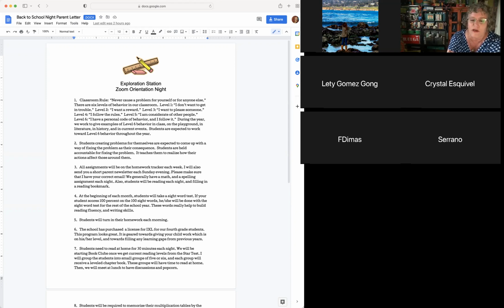Are they level 4? Third grade is a year where, when I taught third grade, I noticed kids were very me. They were all about me. They didn't really think about anybody else until about halfway through the year. And then they sort of opened up and realized that there were other students in the classroom. And so this system kind of makes them start looking at each other.